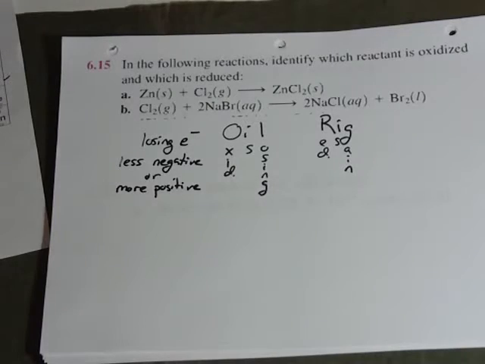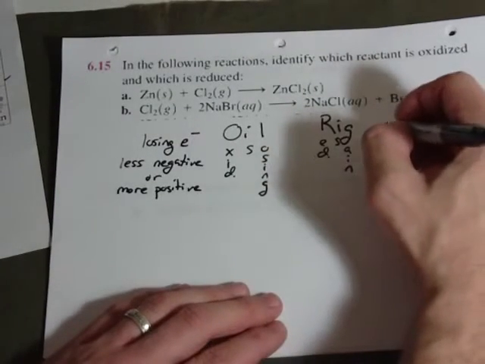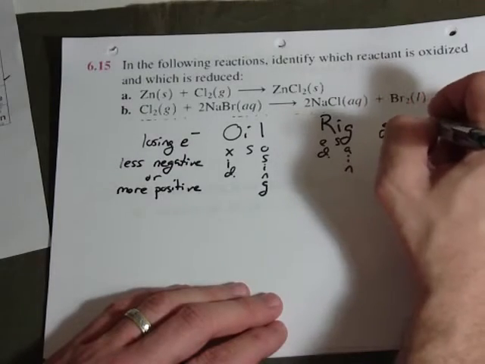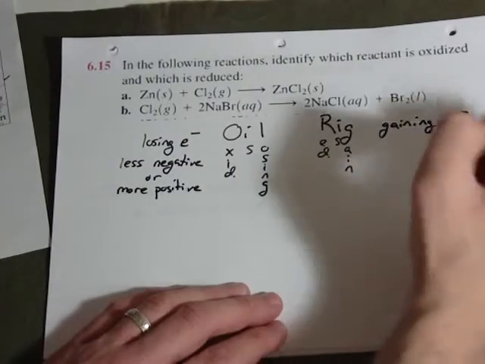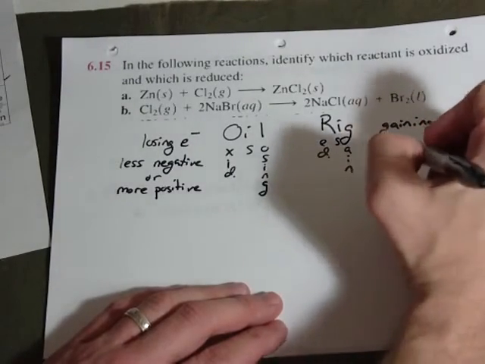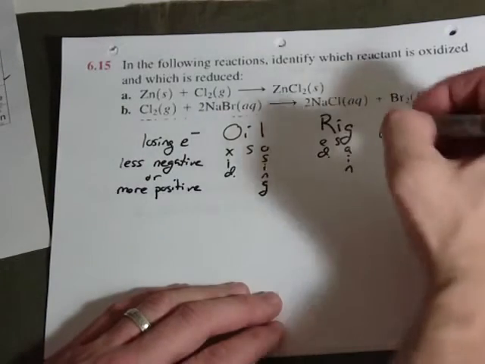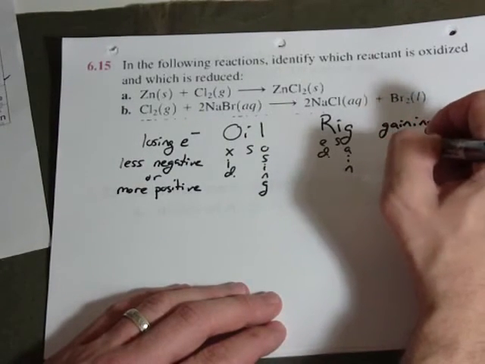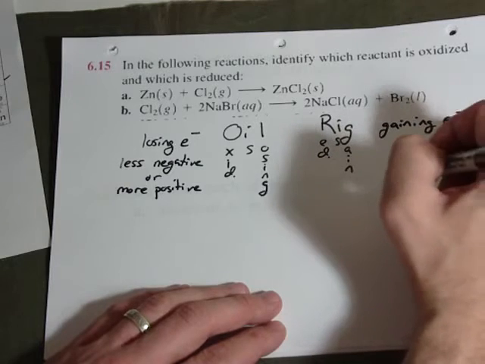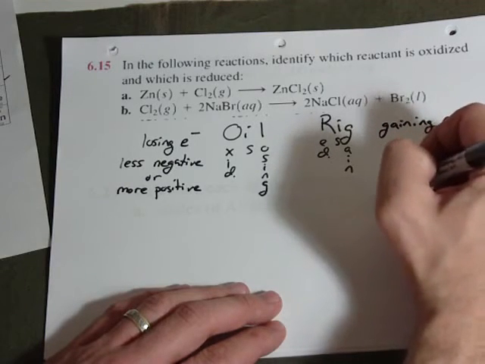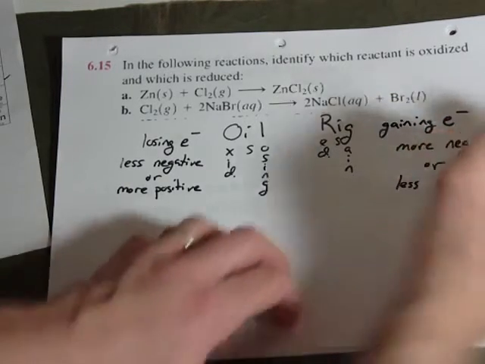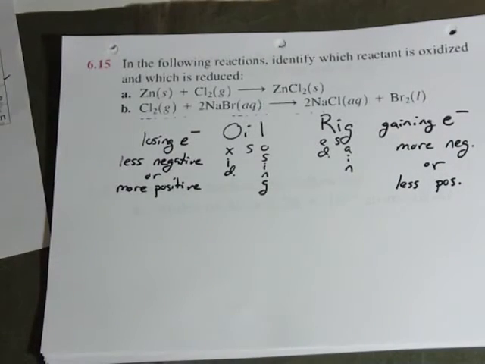And the RIG part, reduction is gaining electrons. And so if you're gaining electrons, you're gaining negative charge. Electrons are negatively charged. So you're getting more negative or less positive. So it's our job to figure out if these species are negative or positive.